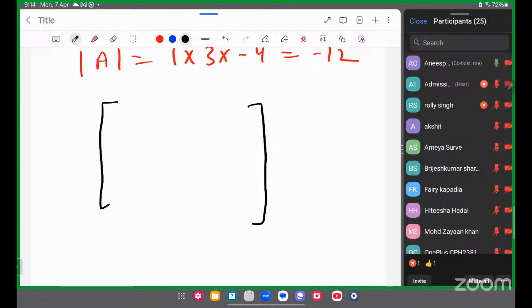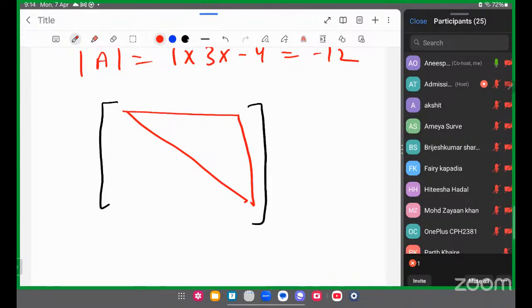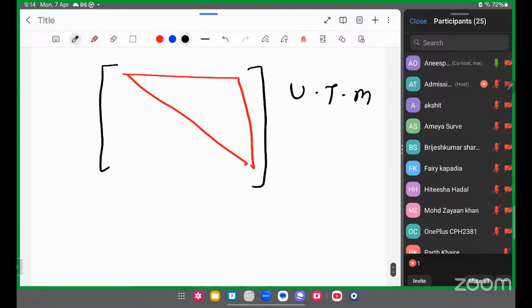Next trick is about triangular matrices. We have two types of triangular matrices, either upper triangular or lower triangular. What is the condition for upper triangular? Elements in the upper triangle will be non-zero and elements in the lower triangle will be 0. So let's say the diagonal elements are A, B and C, and some other elements are there.